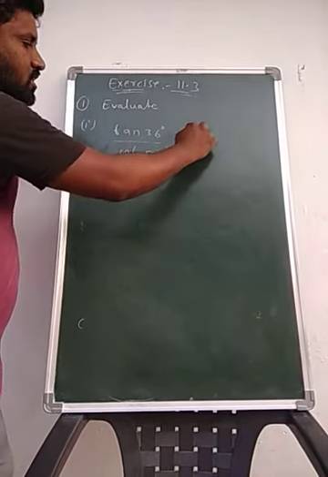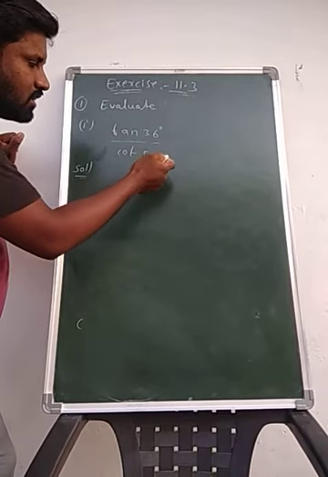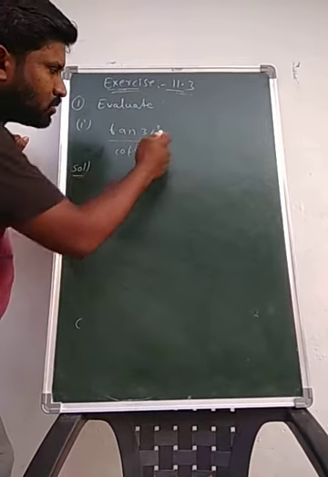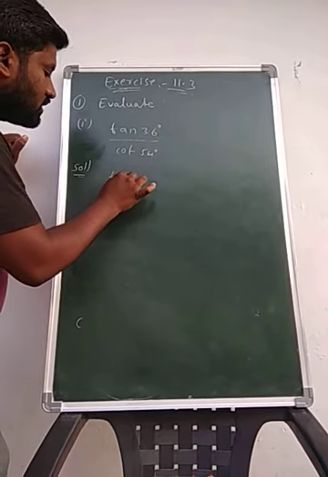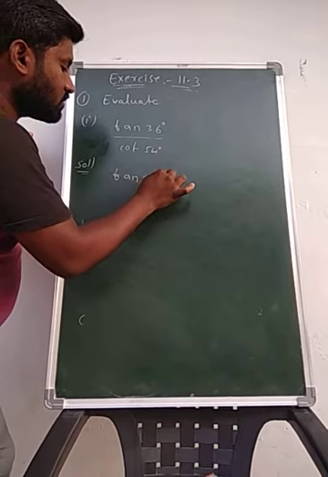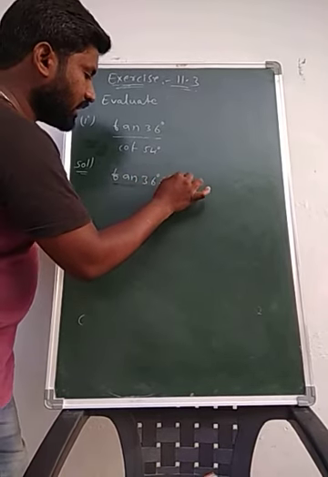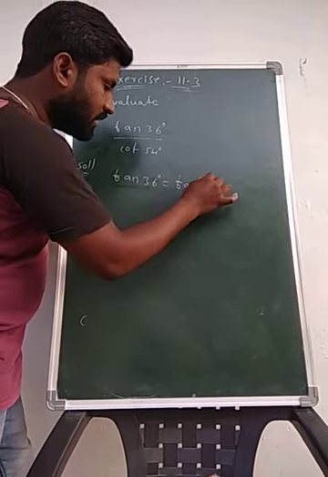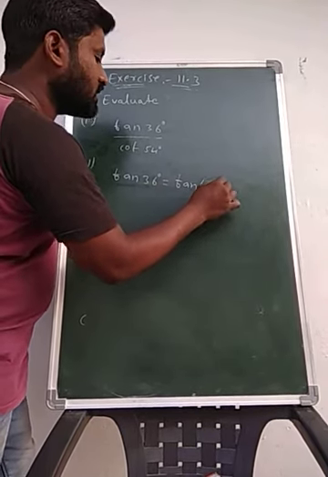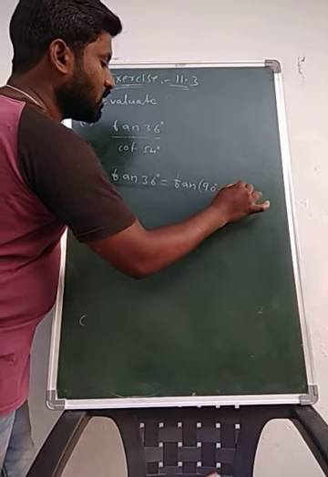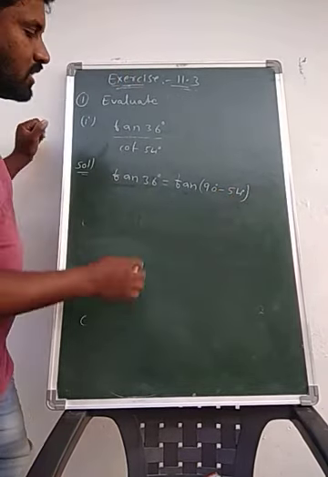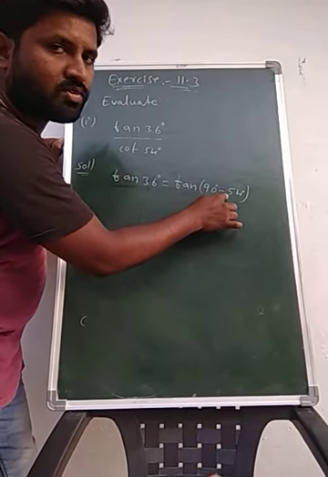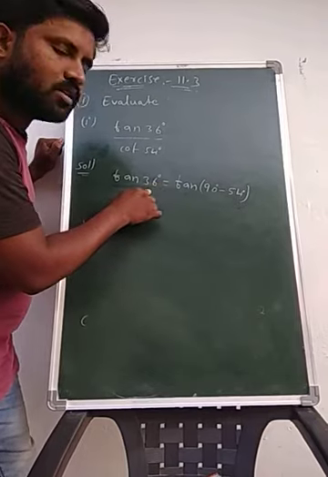First of all, I am taking the first one. Your wish, you can take the numerator part or the denominator part. I am taking the numerator part here, that is tan 36 degrees. So tan means I am writing tan ratio only. 36 degrees we can write as 90 degrees minus 54 degrees. 90 minus 54 is 36 only.